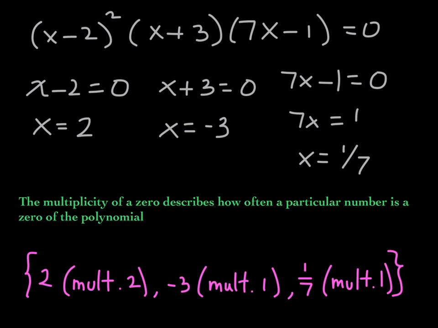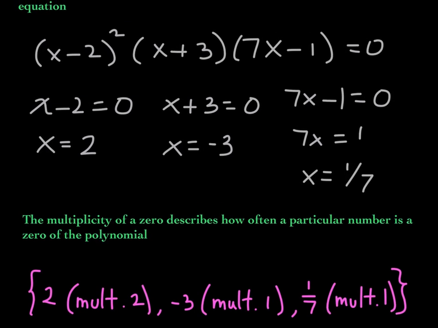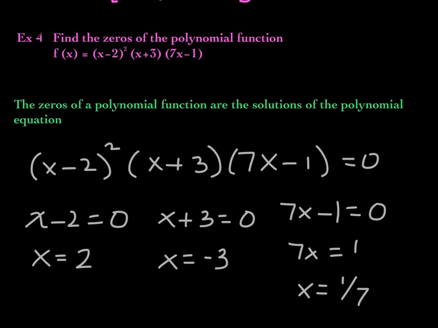Okay? Now notice this. If you count all of the zeros and their multiplicities, how many zeros do you count? So count this zero twice because it has multiplicity 2. So 1, 2, 3, 4 zeros altogether, 4 zeros altogether counting their multiplicities. 4 zeros, and what degree was this function?